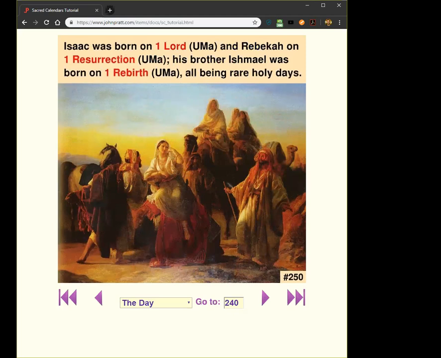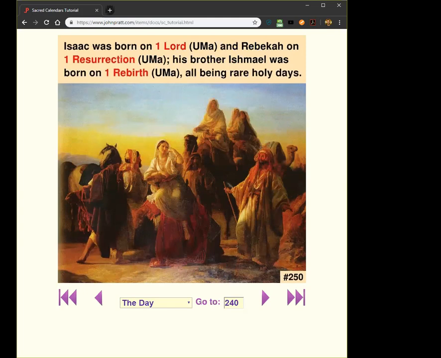And his brother Ishmael was born on one rebirth uniform Mars. So those are all rare holidays. All the holidays on Mars are only once every 2 years. So there you've got a man and his wife, or prophet and his wife, and brother, all on rare holidays.